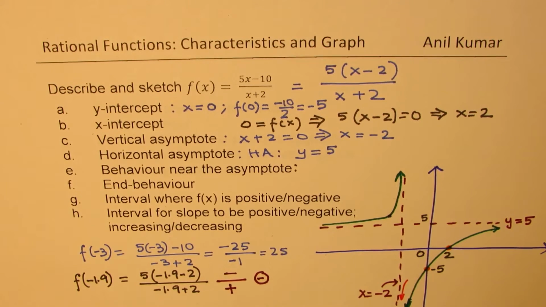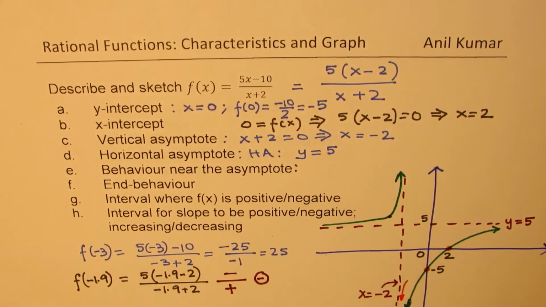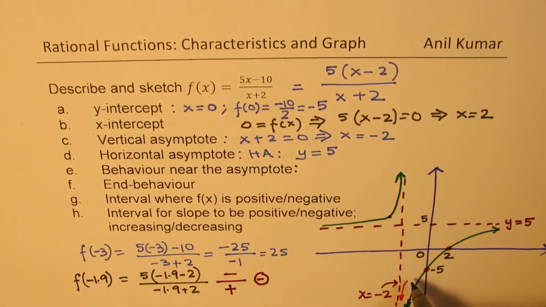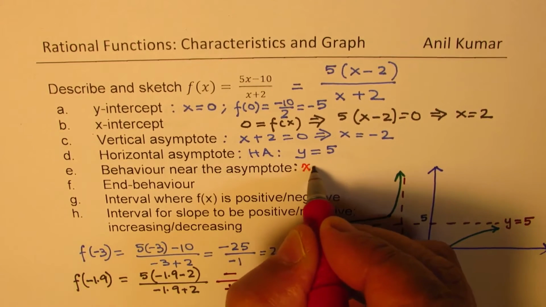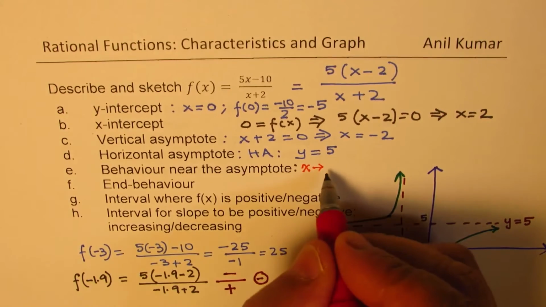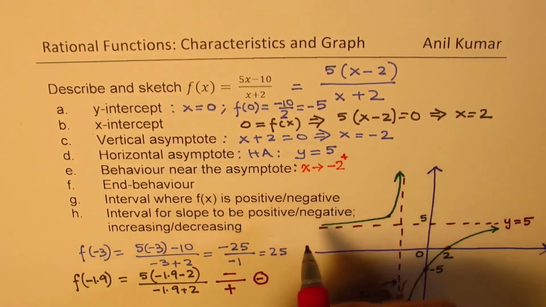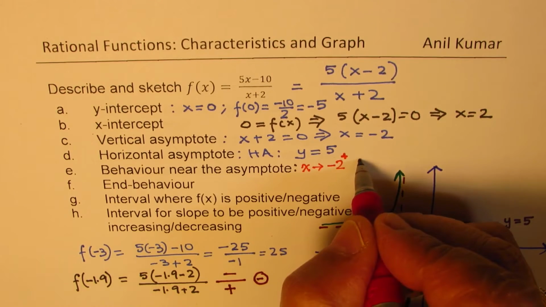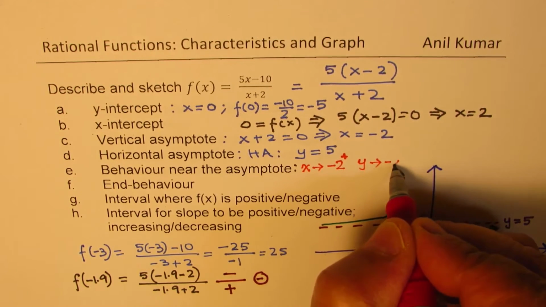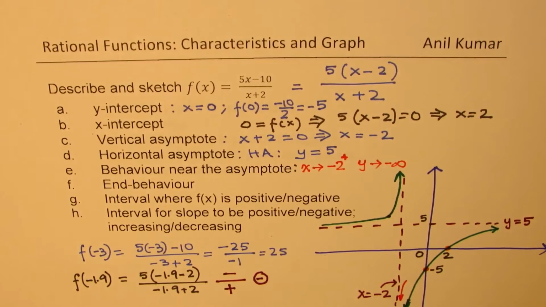So we can say that when you're approaching from the right side, you're approaching negative infinity. So that arrow indicates when x approaches minus 2 from the right side, meaning a positive value, y approaches negative infinity. Is that clear to you?